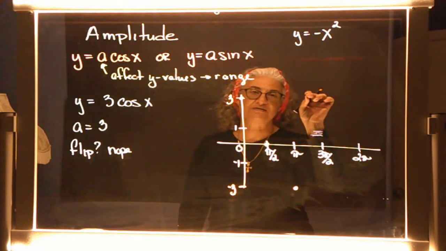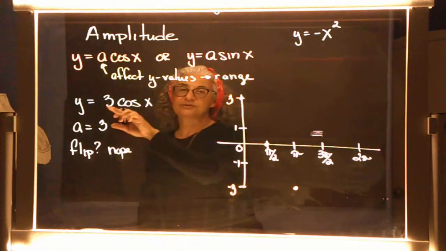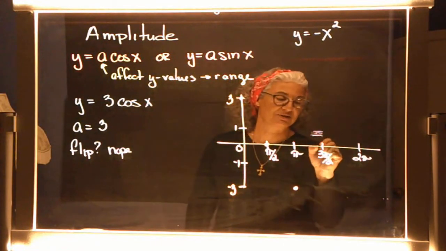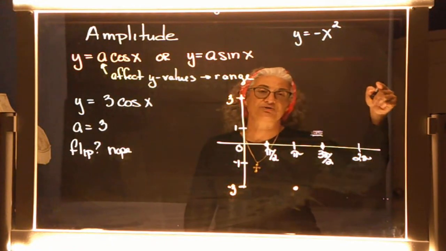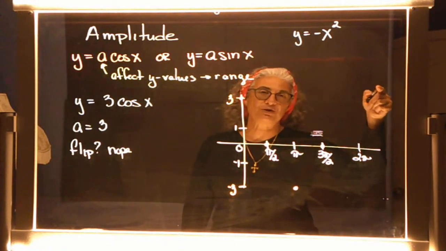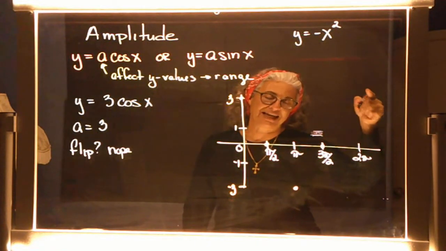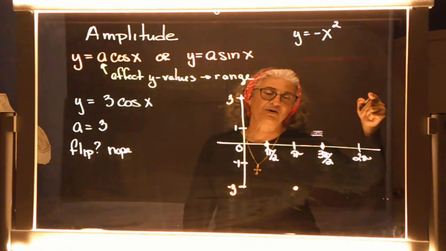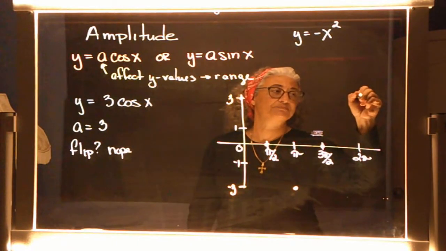So the cosine of that is, excellent, it's 0. And 0 times 3, 0. And then we complete the circle back to 2 pi, which is over here. What's that x-coordinate? Yeah, the x-coordinate is 1 times 3 is 3.